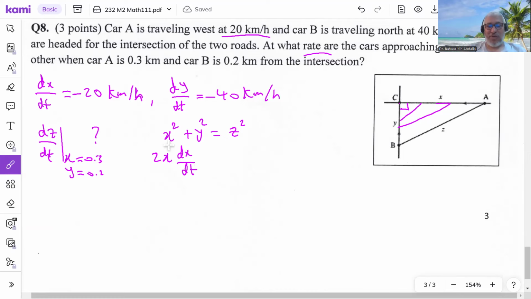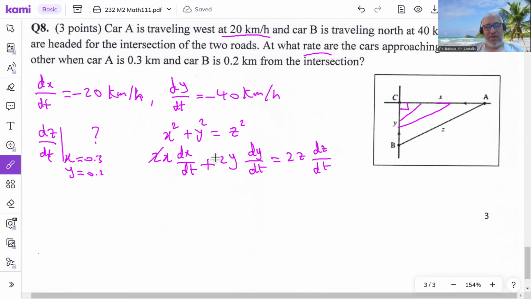For y squared, it's 2y times the derivative of y, but y is a function of t, so we use the chain rule to get dy by dt. Also for z squared, the derivative is 2z, but we also need to multiply by dz by dt, because z is a function of t.